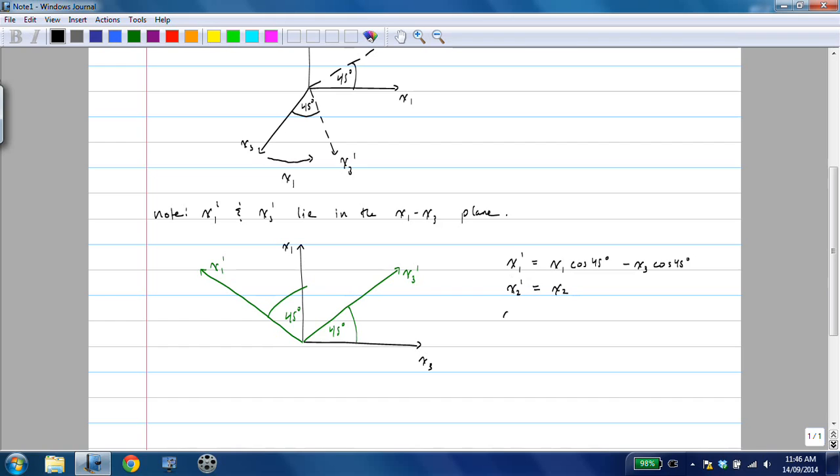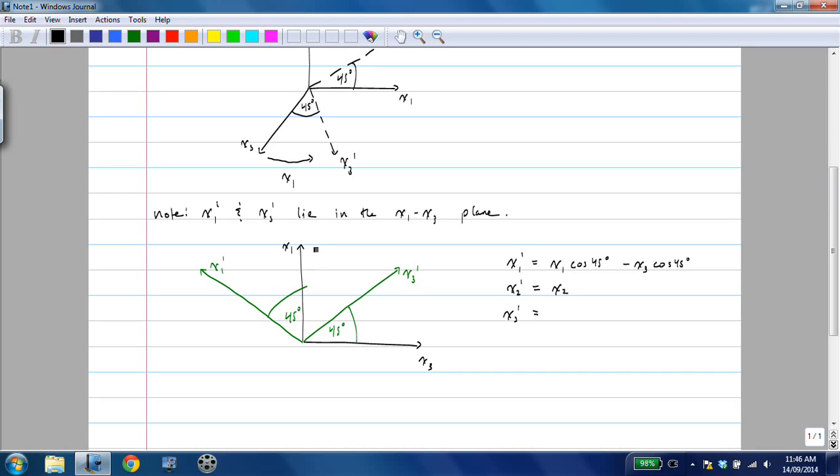And then x3 prime will have to be, if we again look at x1 here, we want to describe x3 prime in terms of x1 and x3.